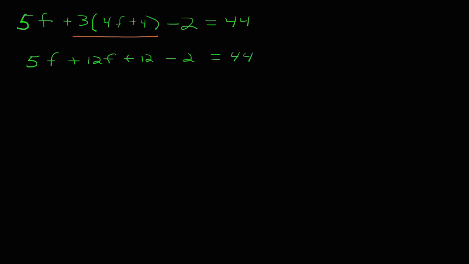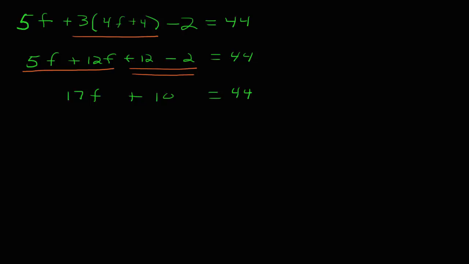We now have a combining like terms issue. We're going to combine the 5f and the 12f, as well as the 12 and the negative 2. When we combine those, we get 17f + 10 = 44.